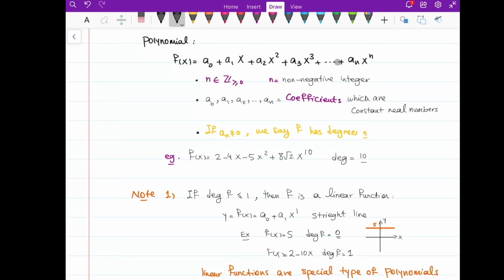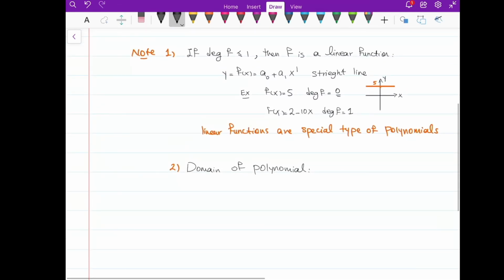So this is our polynomial. As I see, I don't have any fraction for the variables. I don't have negative exponents. Everything is very nice. So I can put all real numbers for my variable x in here. So I can say that the domain is all real numbers.